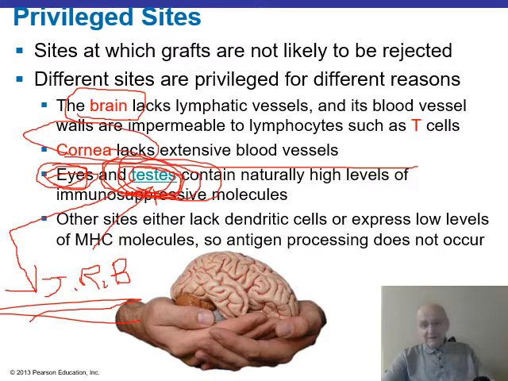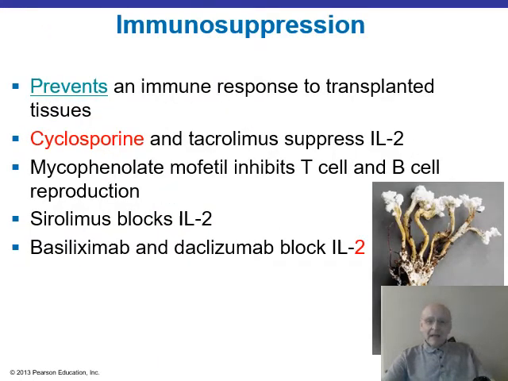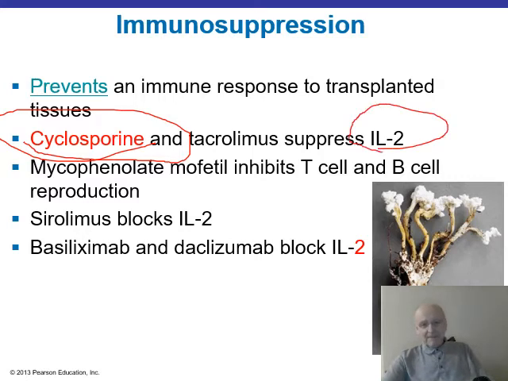But anyway, there are a few other sites like that, and it's an interesting notion, this idea of privileged sites. Immunosuppression, there are a number of drugs that do that. The first one that I do want to talk about is cyclosporin. This was the first effective immunosuppressive drug, and it's suppressing IL-2, which is needed for cytotoxic T cell activation.